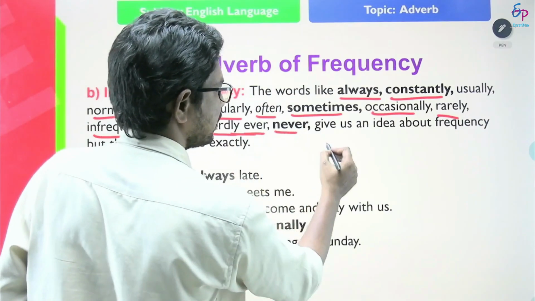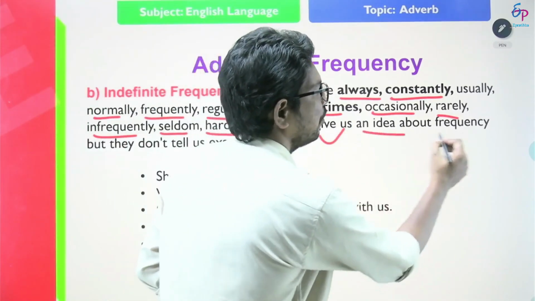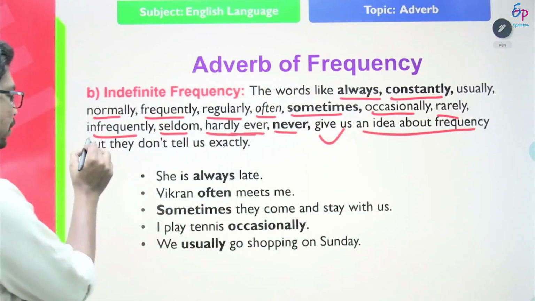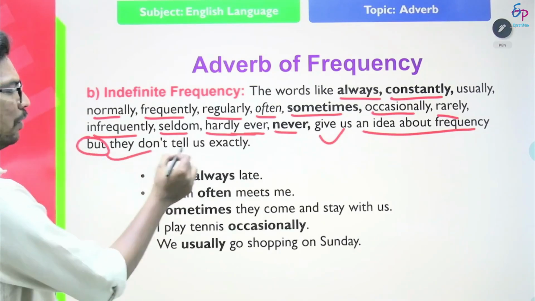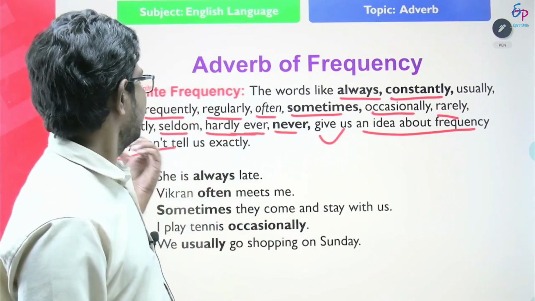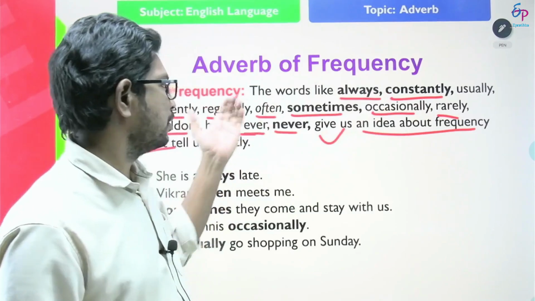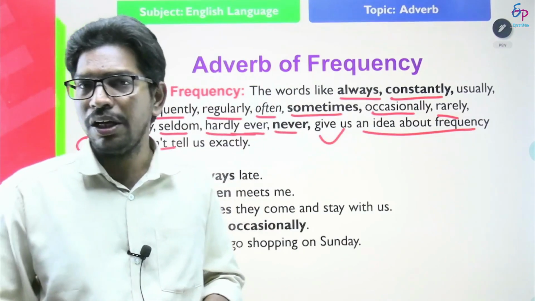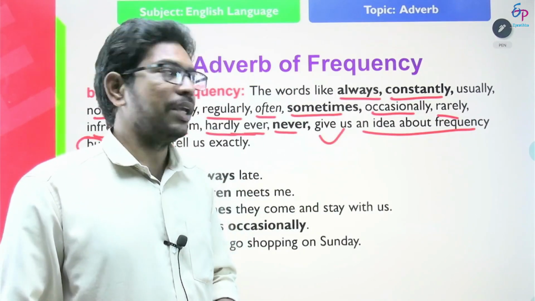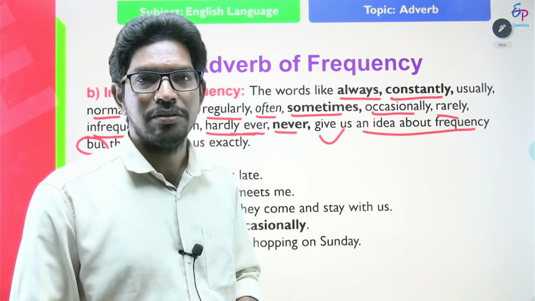They give us an idea about frequency, but they do not tell us exactly. So indefinite frequency words are always, constantly, usually, sometimes, occasionally, regularly, often, seldom. They give us an idea about frequency, but not exactly.